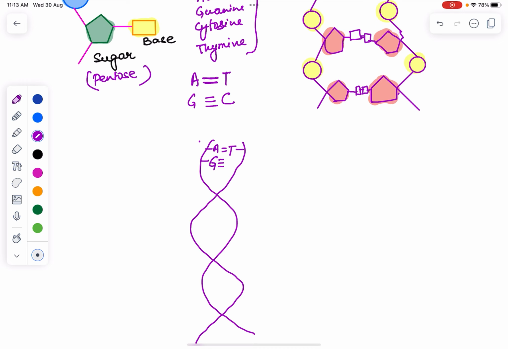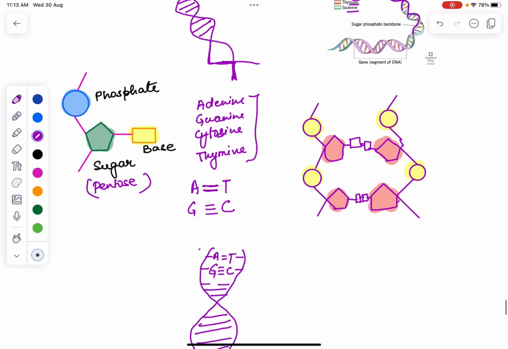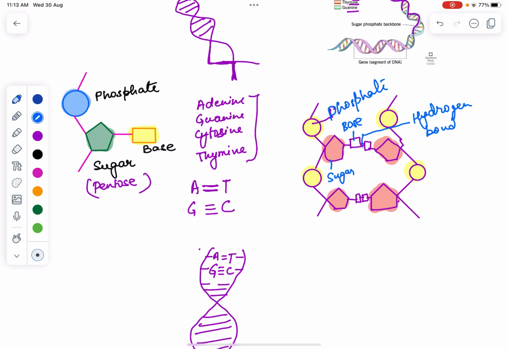Guanine, cytosine, there will be 3 hydrogen bonds in between. The arrangement will be like this. See, this is phosphate, sugar, base, and here this is a hydrogen bond between the two bases.